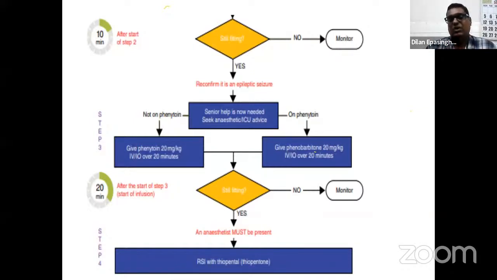If there is still no response, you have to intubate the patient and start anticonvulsants. Keep in mind that this is a very serious situation. The patient may end up with hypoxia, which is permanent damage. This is a developing brain, so you have to address it as soon as possible.